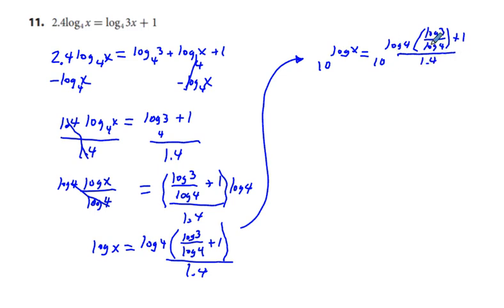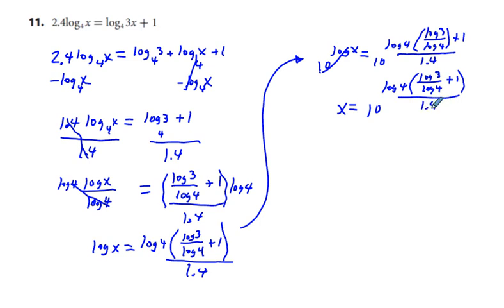And this is an exponent of 10. So we have 10 to the power of log of x is x. So x is going to equal all this on the right, which is 10 to the power of log 4 of log 3 over log 4 plus 1 over 1.4.